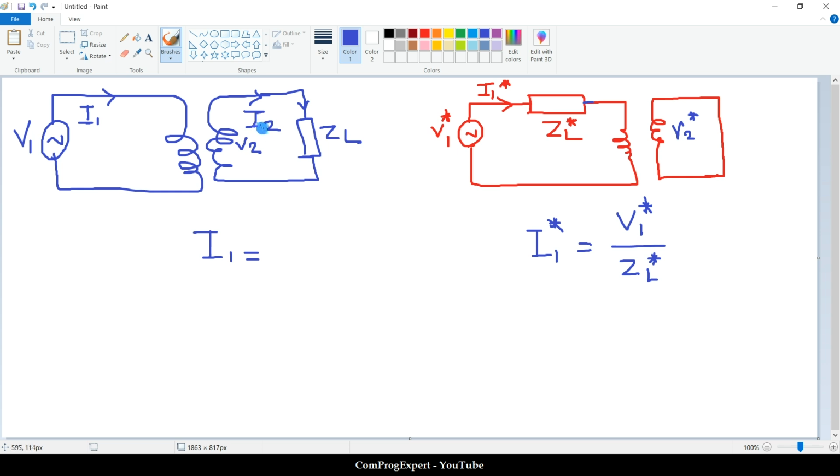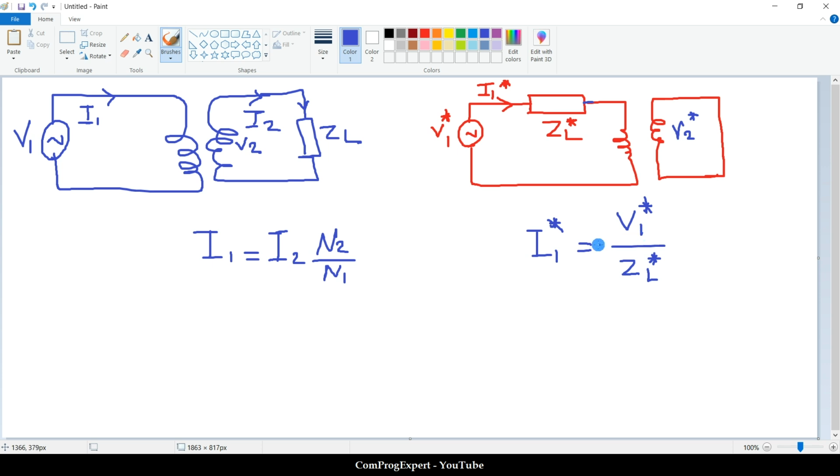So in this case, the value of I1 is equal to, we need to consider the turns ratio here. So what is the turns ratio? It is equal to I2 times N2 divided by N1. So this is equal to this one. Here we have V1 star. What is the value of V1 star?